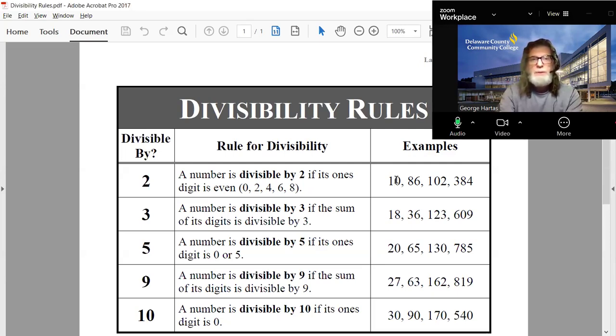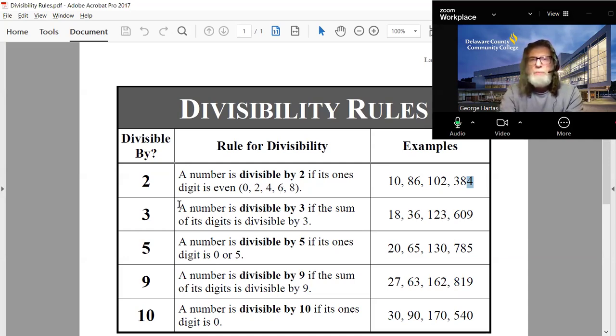Is 10 divisible by 2? Yeah, because the ones place is even. How about 86? Same thing. 6 is even. We'll look at 102. The 2 is even. We'll look at 384. 4 is even. So it doesn't matter how big the number is, as long as the ones place value is an even number, then it's divisible by 2.